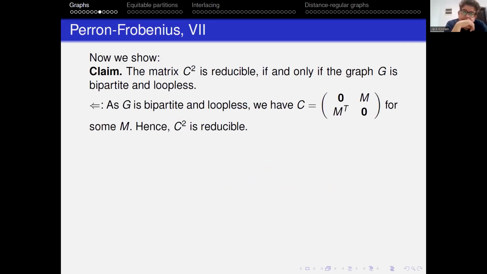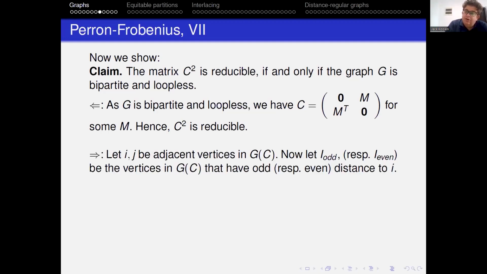We assume first that C is bipartite and loopless, and we have C of this form for some M, and then it's easy to see that C squared is reducible because you get 2 blocks: the block M times M transpose and M transpose times M.